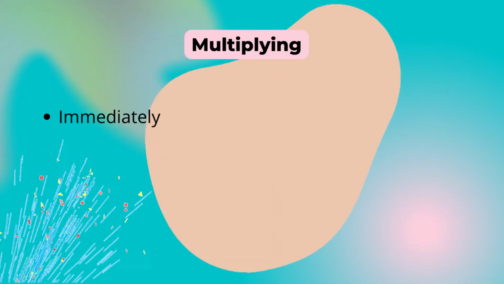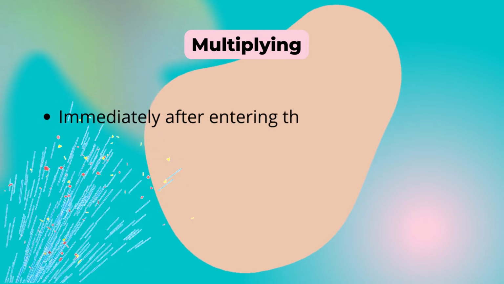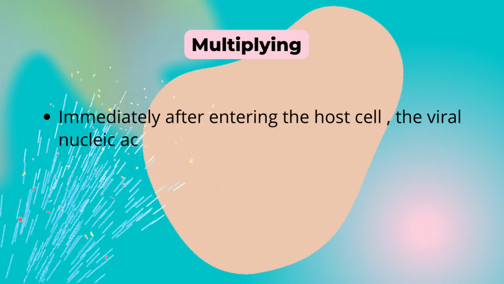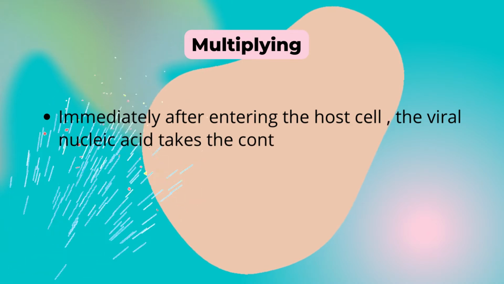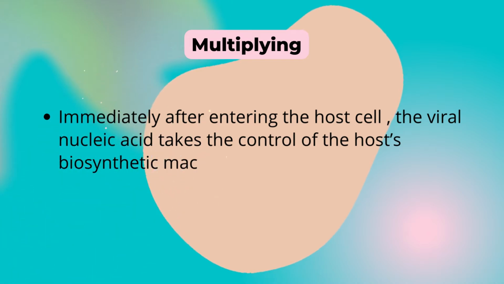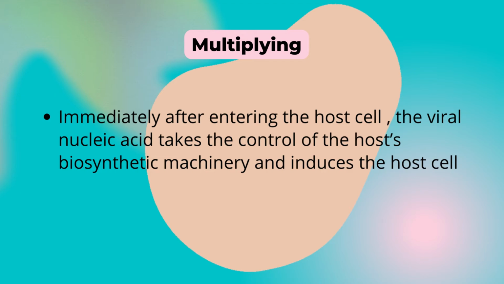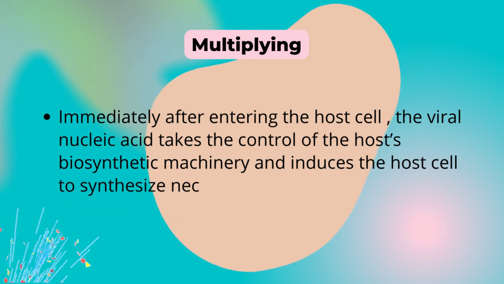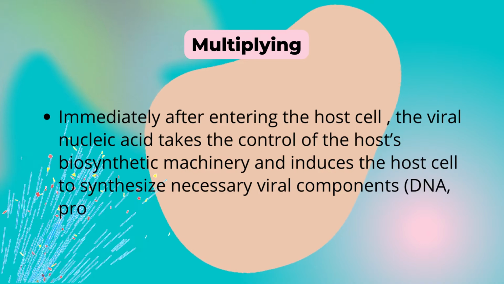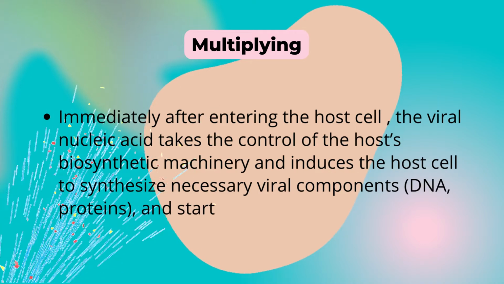The bacteriophage takes control of the biosynthetic machinery of its host and orders it to manufacture head and tail for bacteriophage instead of making its own parts. Immediately after entering the host cell, the viral nucleic acid takes control of the host biosynthetic machinery and induces the host cell to synthesize necessary viral components.